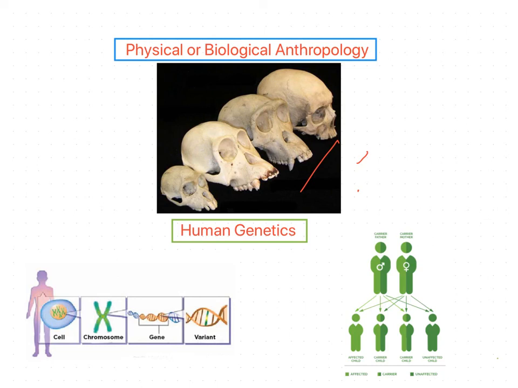It is the study of human evolution. It mainly focuses on the origin, evolution, and diversity of people of different race, ethnicity, and socio-cultural backgrounds, which are studied under biological anthropology.